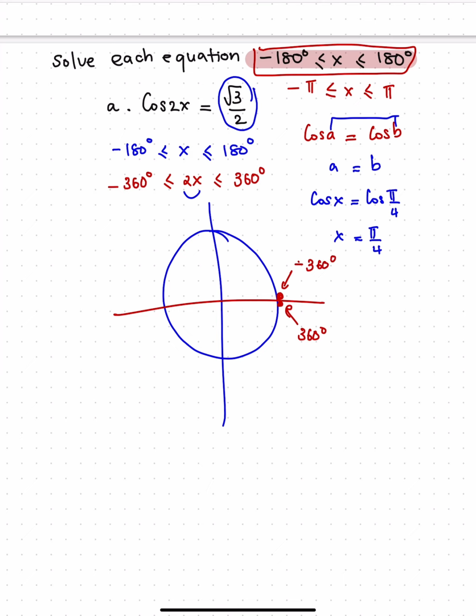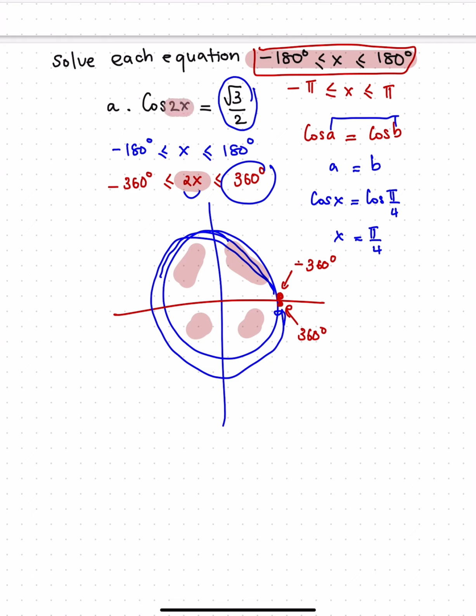So 2x must be in the first, second, third, and fourth quadrants. Why do we focus on 2x?